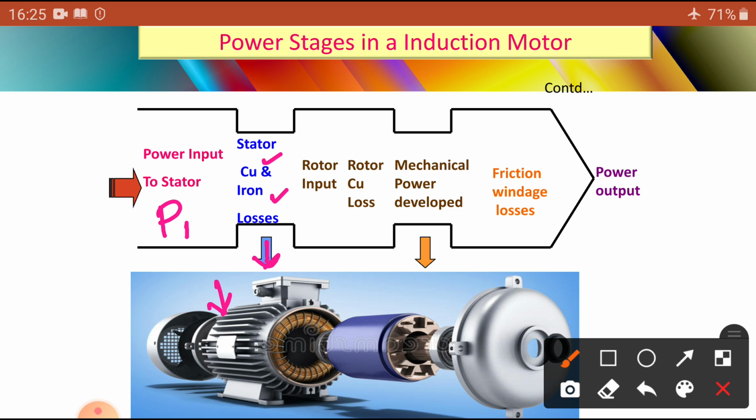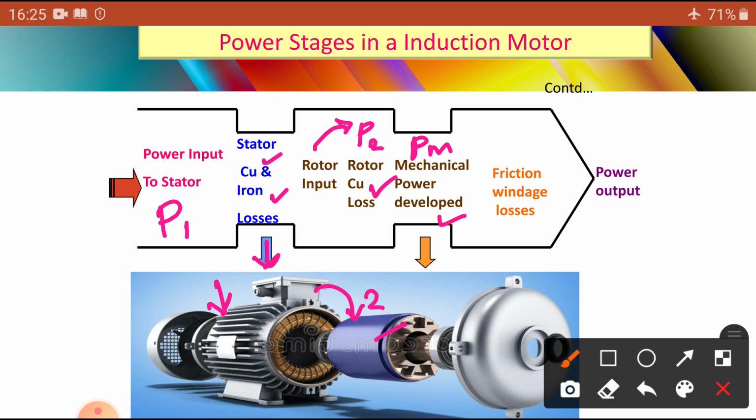Then the remaining is the rotor input, which we take as P2. The rotor also has winding, so we subtract the rotor copper loss, and the remaining is PM, the total mechanical power developed in the rotor.